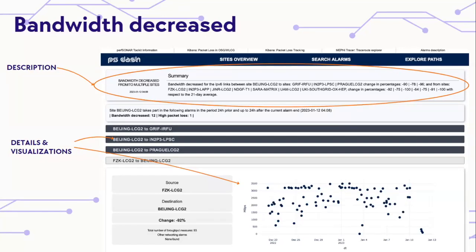This is an event where the site experiences issues in both directions, as a source and as a destination, and from and to multiple other sites. So you can look in more detail at each of these source and destination points and see the visualization of this problem.